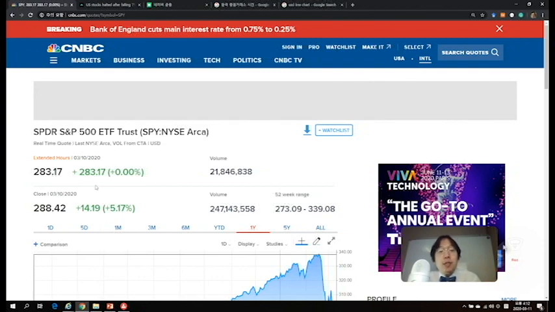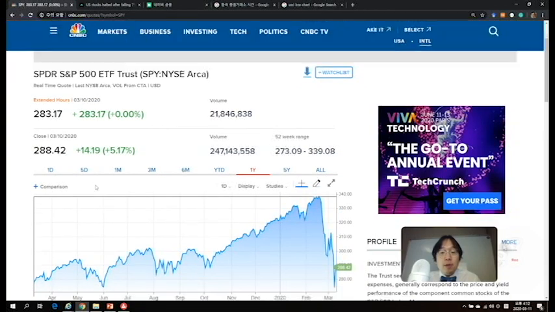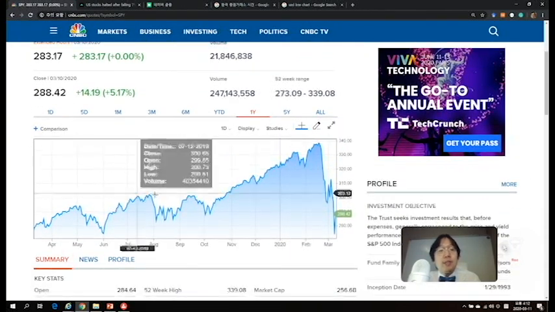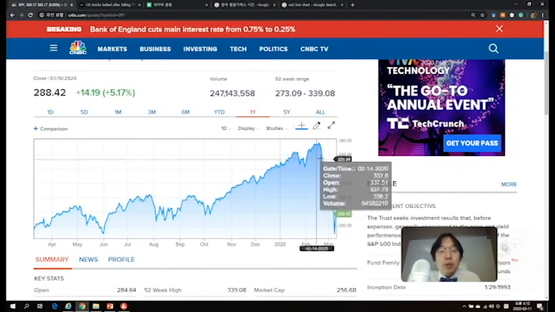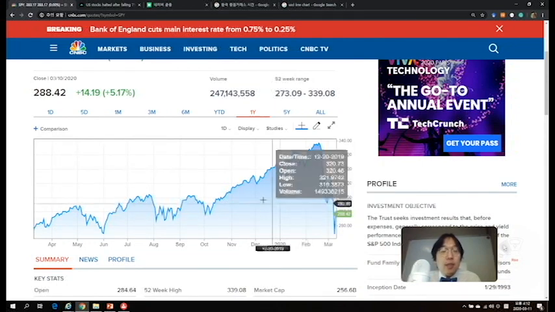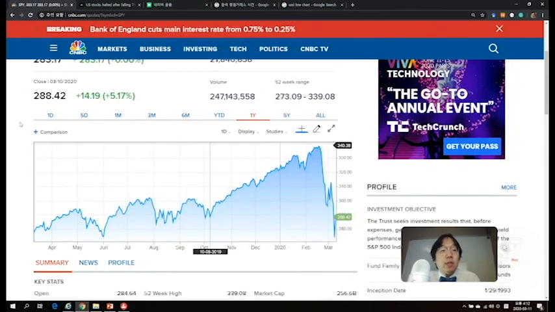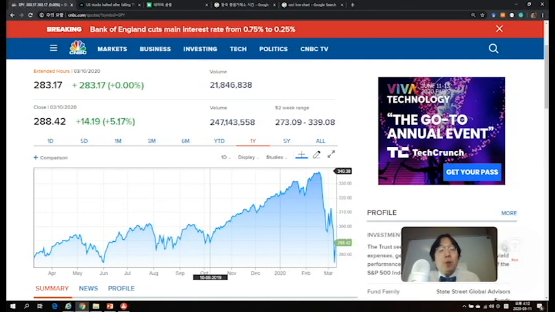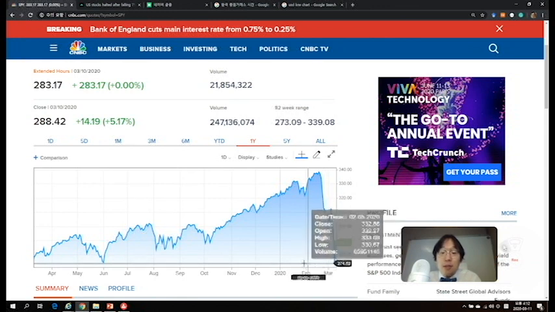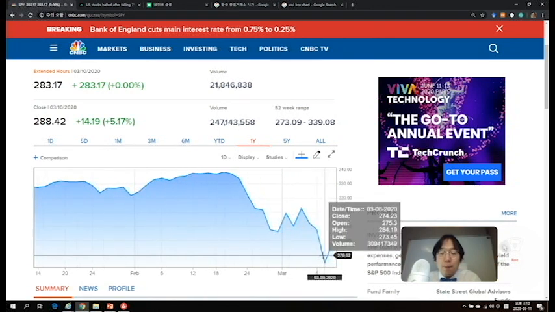Now you see the Spider's movement like this, and yesterday it showed about 5.17% up. So the day before, if you put your money into the Spider, yesterday you must have earned 5.17% if you endured that up and down in the market.